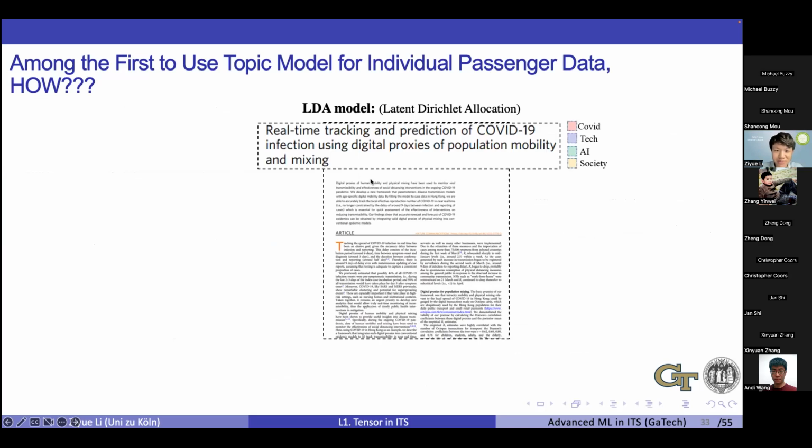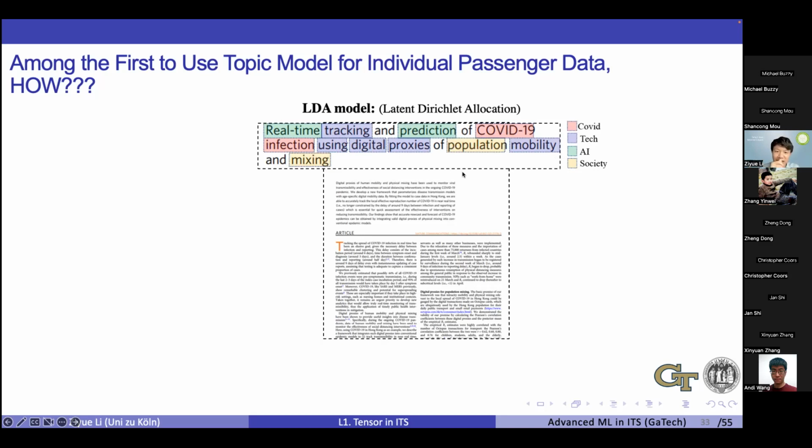For example, we look at the text. The topic model can tell you that these words are from one topic, and we name it, for example, a COVID-related topic. And this blue is from another topic, then green and yellow.